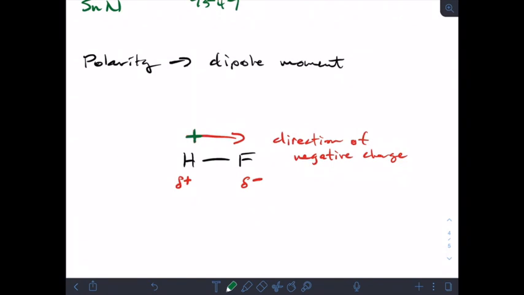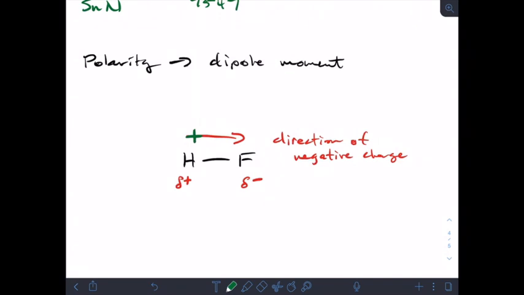That little crosshatch is a positive symbol. Okay, so if you're ever in doubt, whichever side is positive, put the crosshatch there and then point the arrow the other direction. Okay? But the moral of the story here is that because fluorine is more electronegative than hydrogen, the electrons spend most of their time around the fluorine, all right, making that side of the molecule negatively charged.